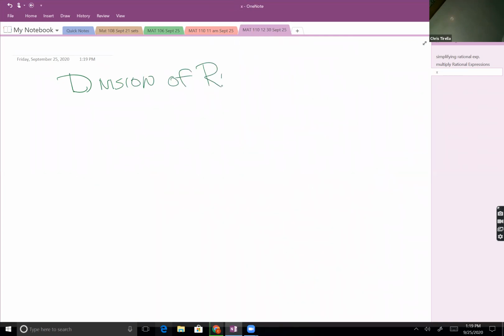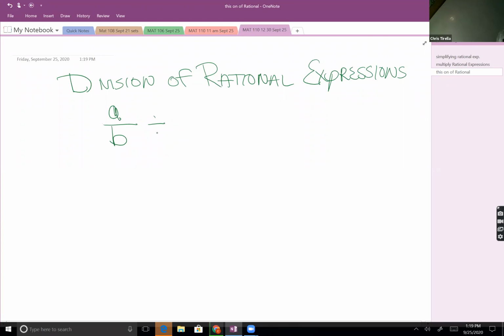If we look at the division of rational expressions, I remember when I first learned about how to divide fractions, A over B divided by C over D. Does anybody remember dividing fractions? The rule usually is don't divide, change it into a multiplication problem.